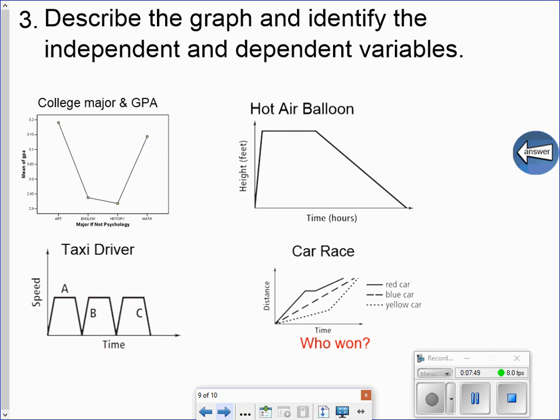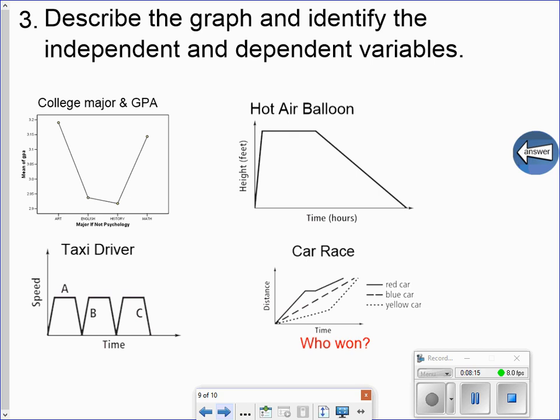And what we see is that the GPAs for art are higher, then the GPAs for English and history are lower, and then for math it increases. Again, we're just describing what's happening. Our independent here would be major, and our dependent would be the mean GPA. Then describing it, we would just say typically art and math have higher GPAs than English and history.